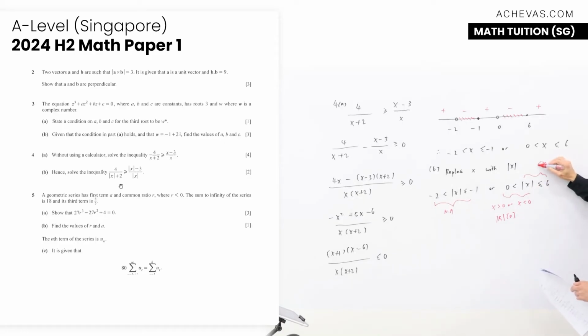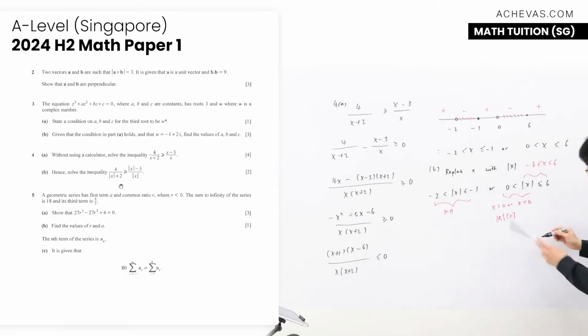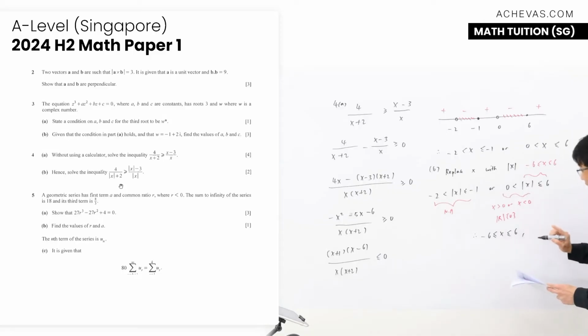I'll get x between minus 6 and 6. And this is an AND case. When we do an overlapping between this solution with this solution, the final answer I'll be getting will simply be x between minus 6 to 6. But we shouldn't forget to exclude one of the solutions here, which is 0.